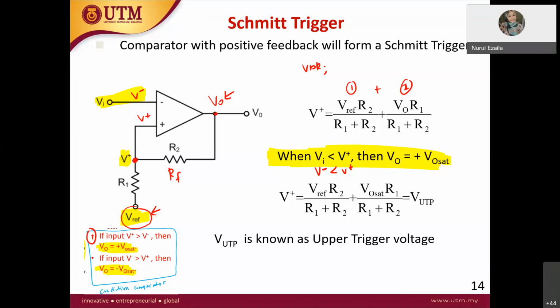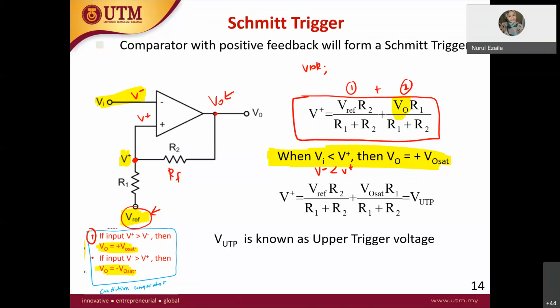So this is your voltage divider equation for the V plus. You have to replace this V out. In the Schmitt trigger, you have two possibilities for V out.